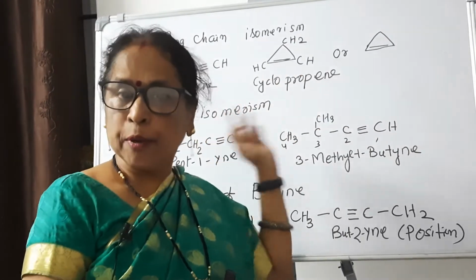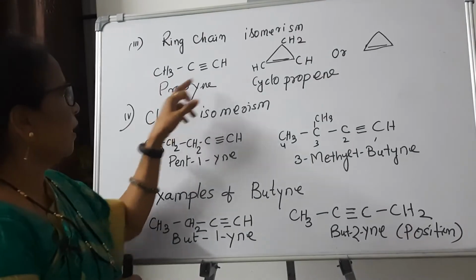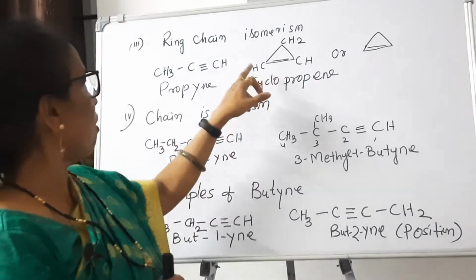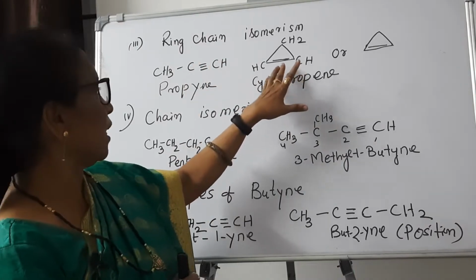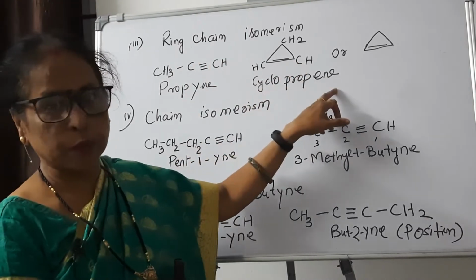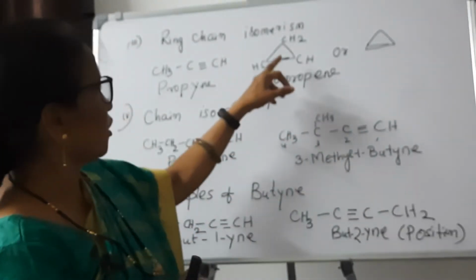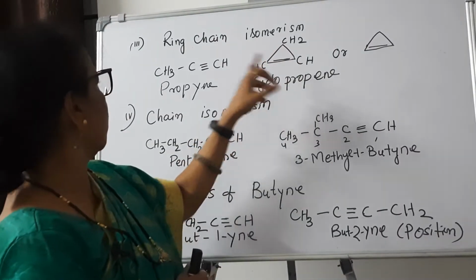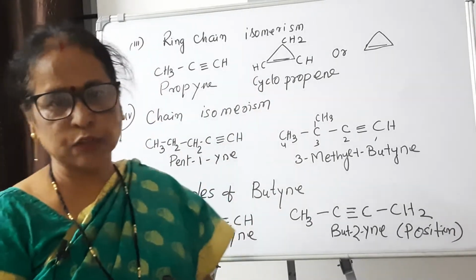If it is butyne, cyclobutene, like this. See propyne, now it forms a cyclic form; this is the chain form and this is the cyclic ring form. So it is cyclopropene. You can write it like this or like this. And now you can check 2 1 3 4, 3 1 4, that means it is correct ring-chain isomerism.